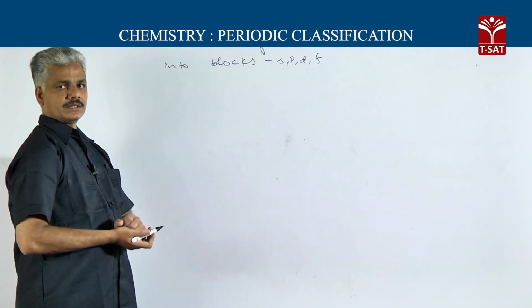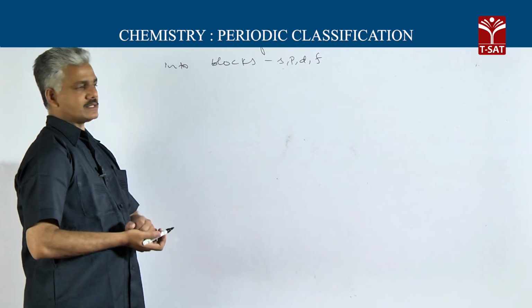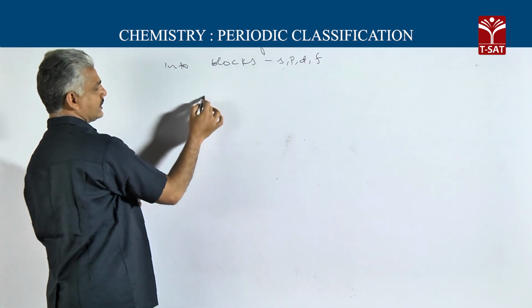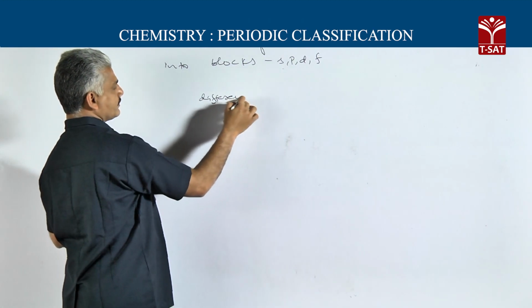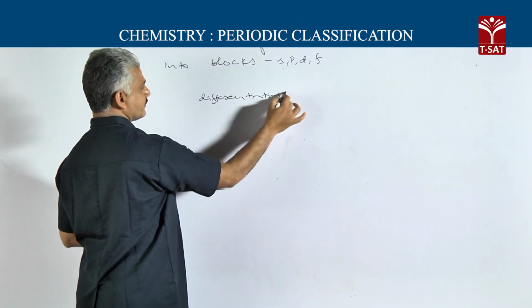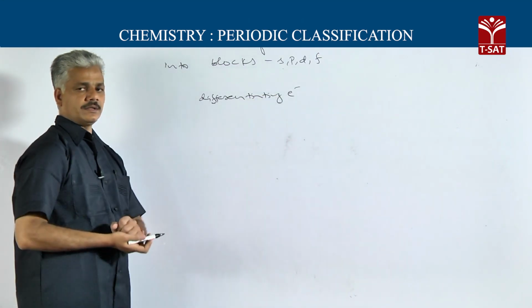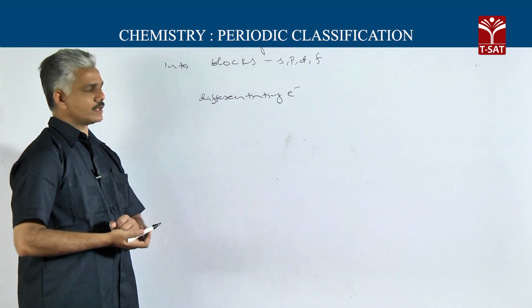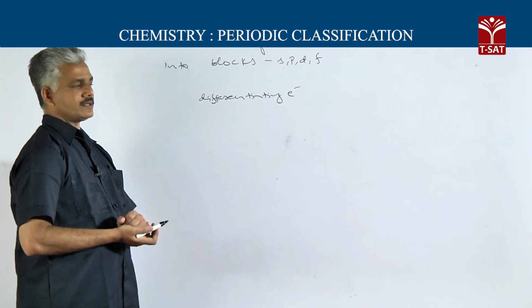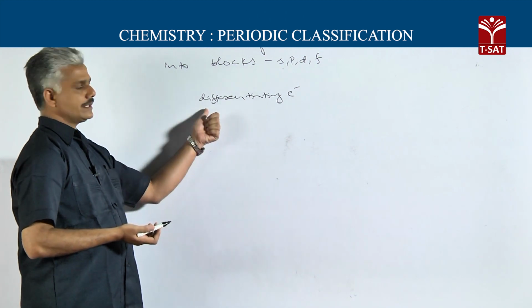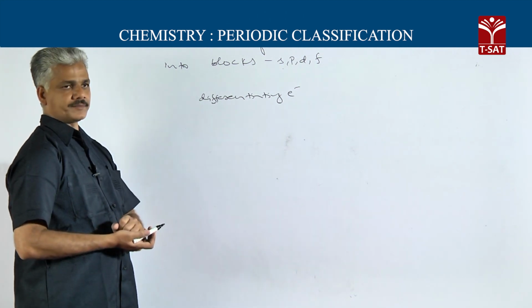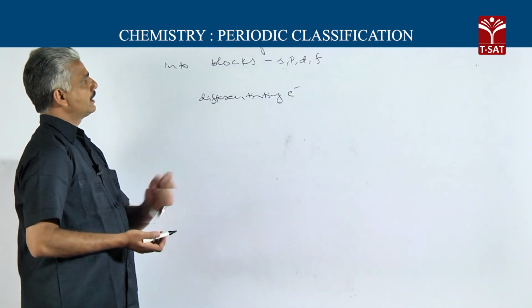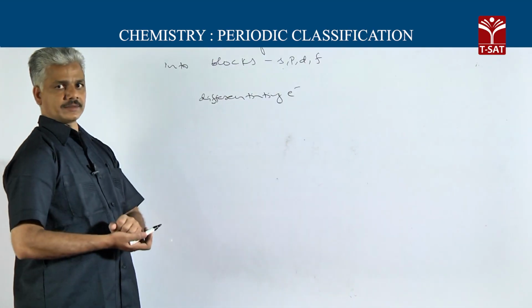This classification of elements is based on the position of the differentiating electron, that is, the electron present in the outermost orbit, or the last electron of an element, which can be called the differentiating electron. Depending on its position, this classification is done.